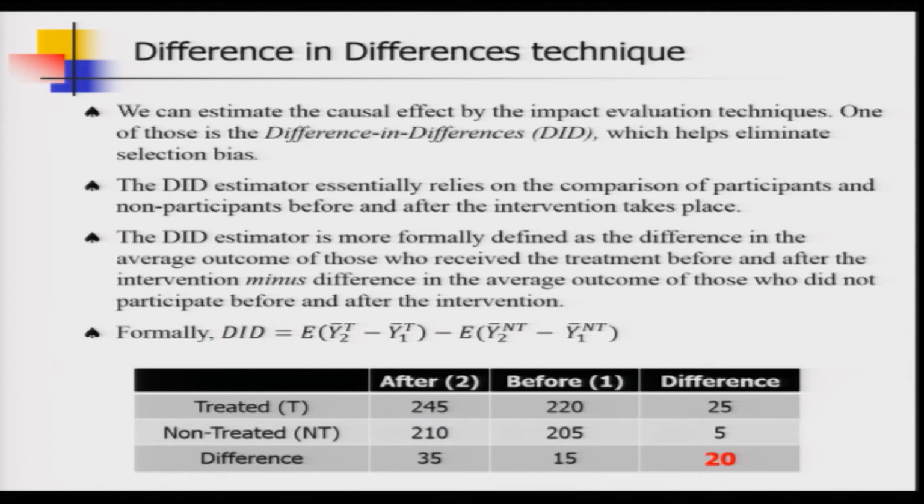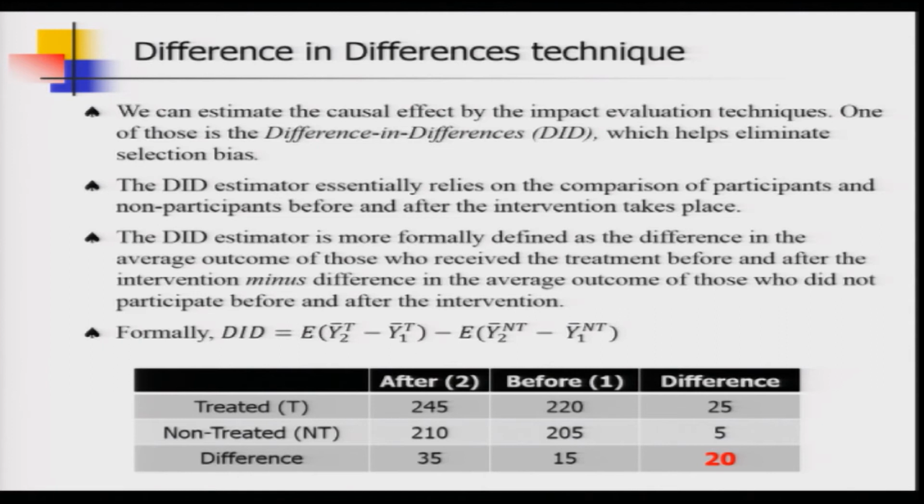Now, if you look at it from a different point of view, suppose you compare the numbers by keeping the after time period fixed, comparing the treated versus non-treated, then you see the difference is 35, and if you look at the column which says time period 1, which is the before scenario, the difference between these two numbers is 15.